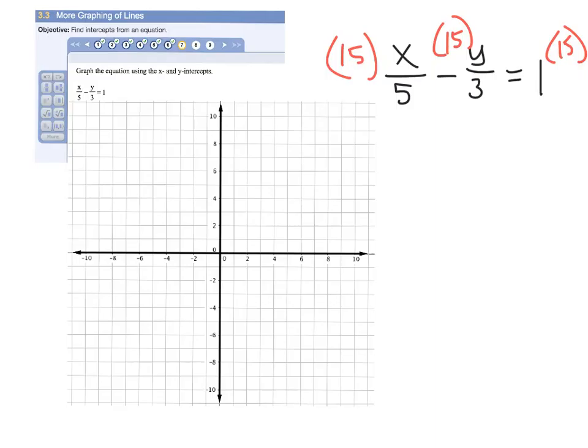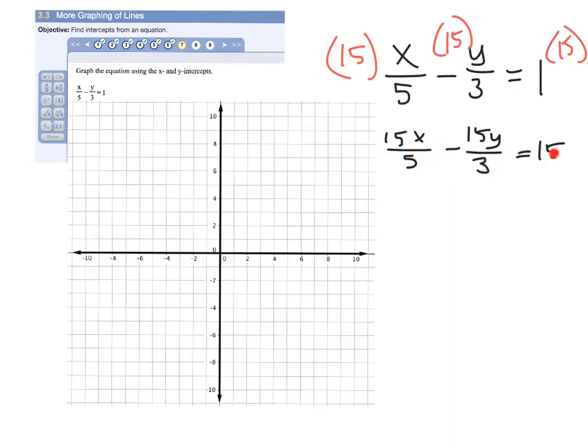Now why are we going to do that? Well, the reason we're going to do that is because when we multiply by 15, so I'm going to rewrite that down here, we get 15x over 5 minus 15y over 3 equals 15. All right, so technically this equation and this equation are the same equation.